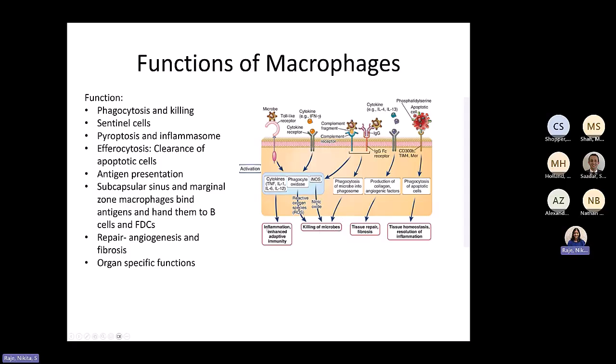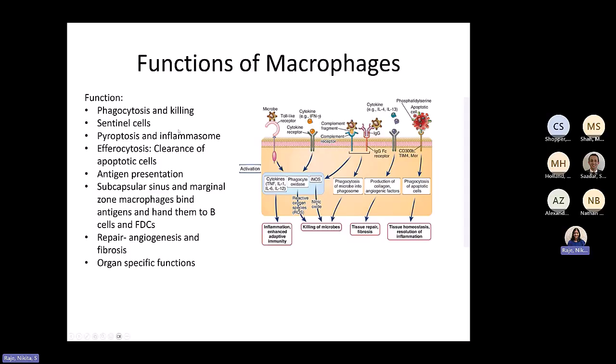Apart from these, there are other functions of the macrophages, such as acting as sentinel cells. In the tissue, they are just present and making sure that whatever comes into the tissue is not an invader. And if they come across an invader, they will send signals out so that they can recruit cells from outside. That's their function as sentinel cells.